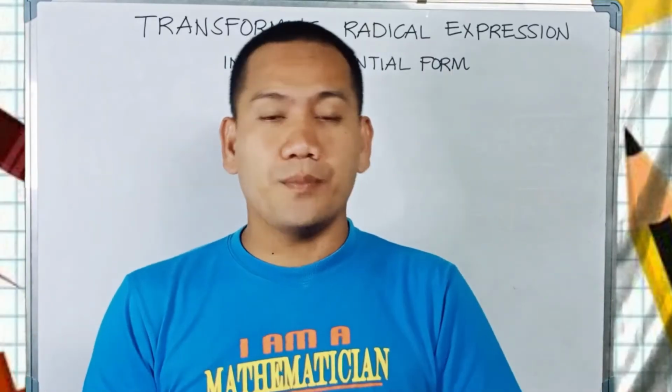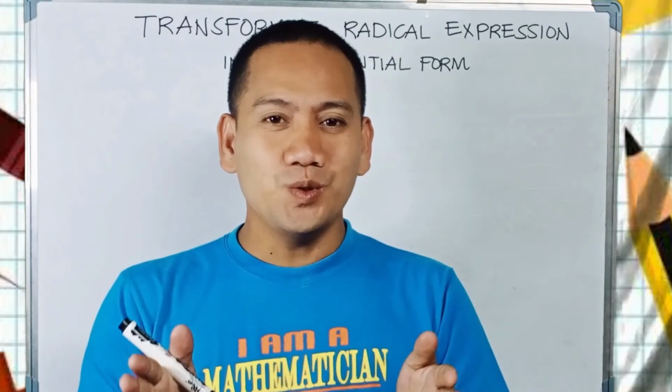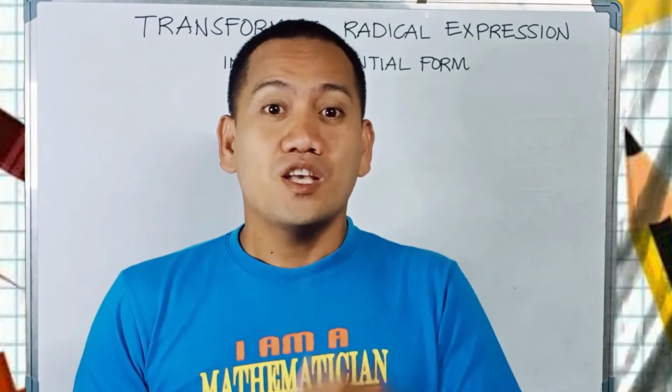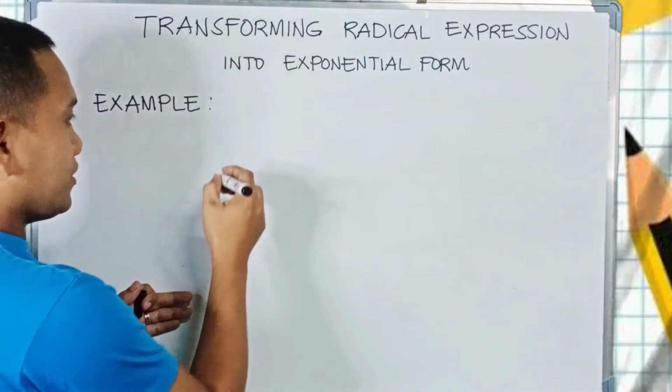This time, let's do the opposite now. Let's simply transform our radical expression into expressions with rational exponent, or the exponential form. So how will we transform this one? Let's have our first example.